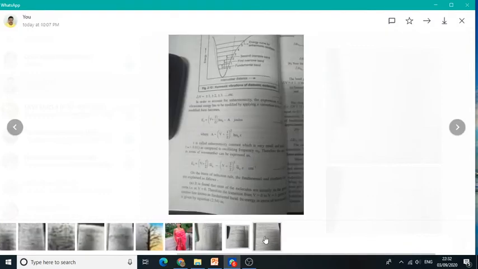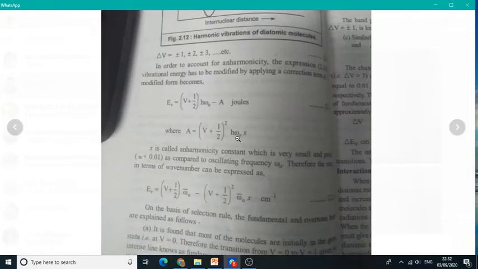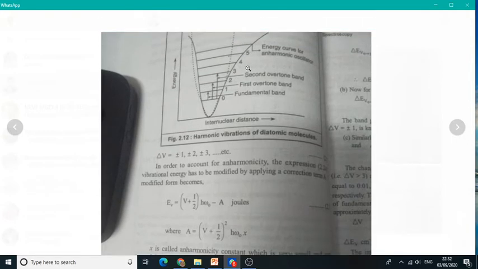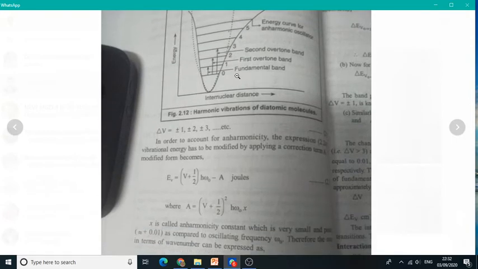Then here, when the vibrations are not harmonic, that means real diatomic molecules, when they are stretching or bending, it is not harmonic.